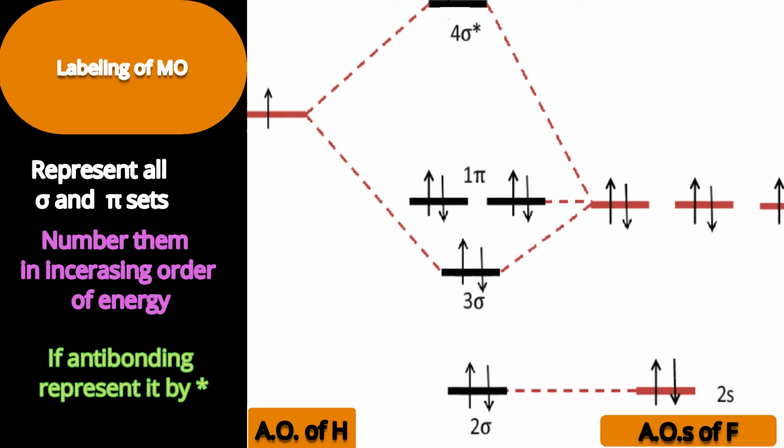Now, whatever the orbital may be, bonding or antibonding, in increasing order of energies we should give increasing numbers. For the sigma category there is one set of increasing numbers, and for the pi category another set of increasing numbers. Let that orbital be bonding, antibonding or non-bonding.